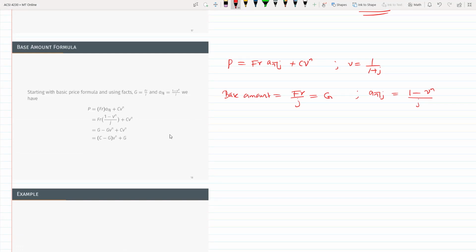So let's substitute this into the formula. We first have FR. Then for a angle N, I would write the formula (1 minus v to the N) over J, plus C v to the N. Then I can write the J in the denominator like this.